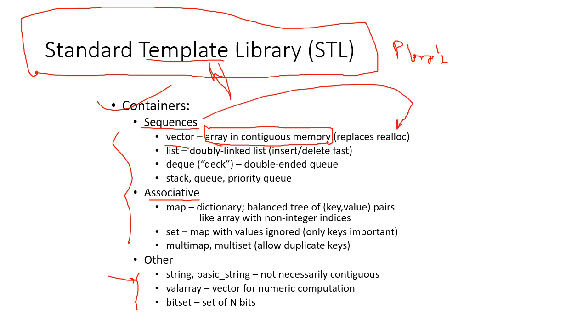Now you are wondering what realloc is. Alloc is a short form of allocation, and how we use it we will look into in the next lecture. Then this is list, a doubly linked list, which is also used as a container in the form of sequence. You might read about the doubly linked list in your DSA.